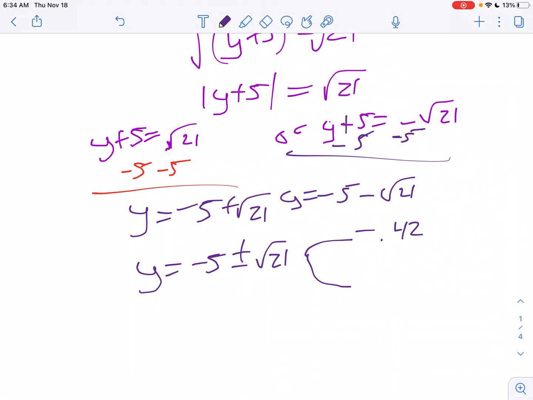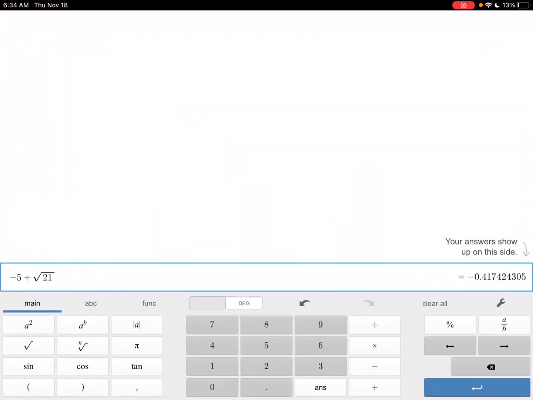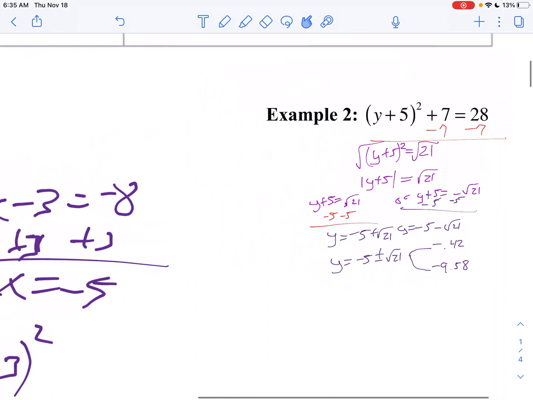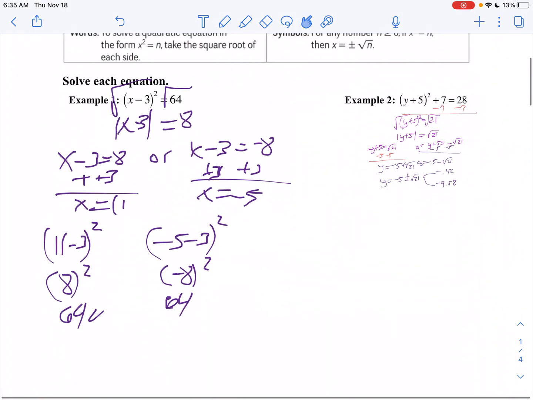Or negative 5 minus the square root of 21. And then I get negative 9.58. And there we have it. That's using the square root property.